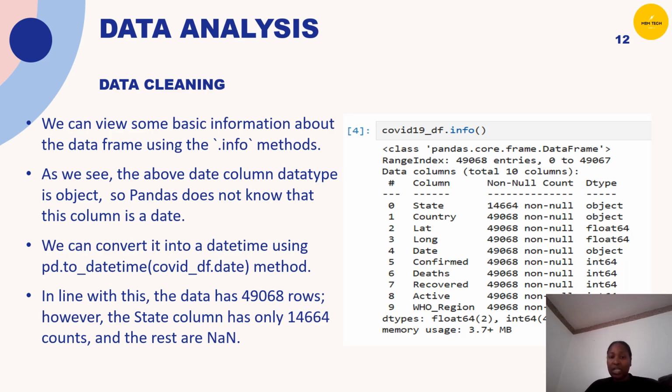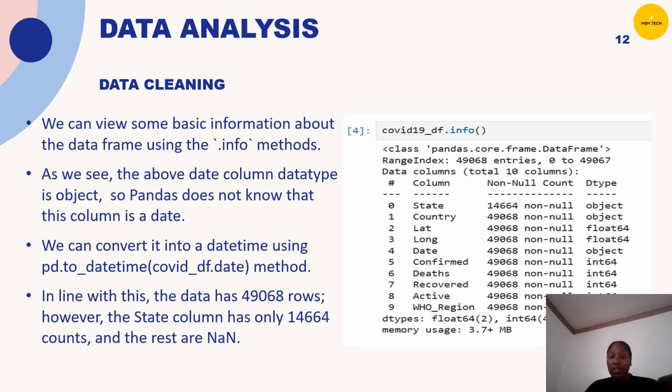We have to convert the date into datetime format, because we see in the information it shows the data type for the date is object, but it should not be object. So we need to convert it to the datetime format. And then in line with this, the data has 49,068 rows.